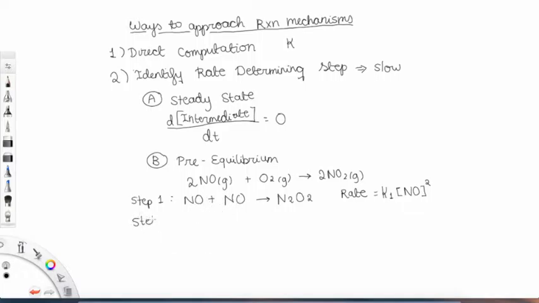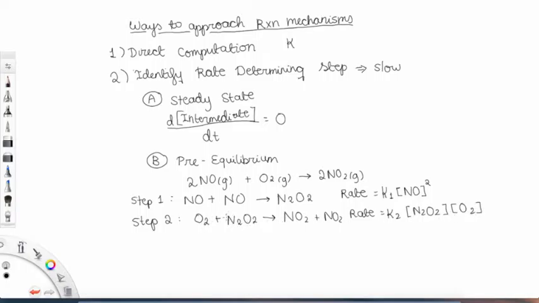And then step two is a slow bimolecular reaction, where the oxygen molecule collides with a dimer. So here we have an oxygen colliding with this dimer that we formed to make NO2 plus NO2. And the rate for this reaction is k2 [N2O2][O2] because of the two reactants.